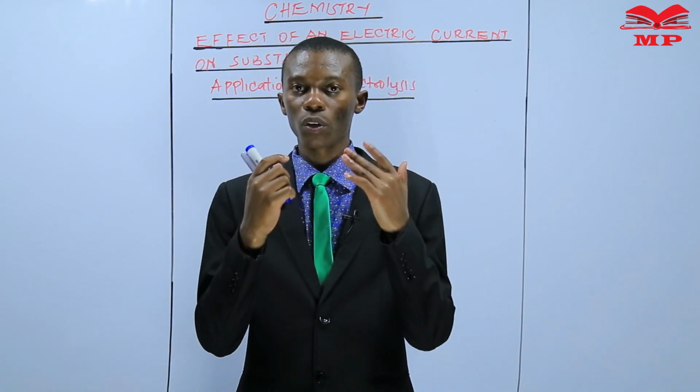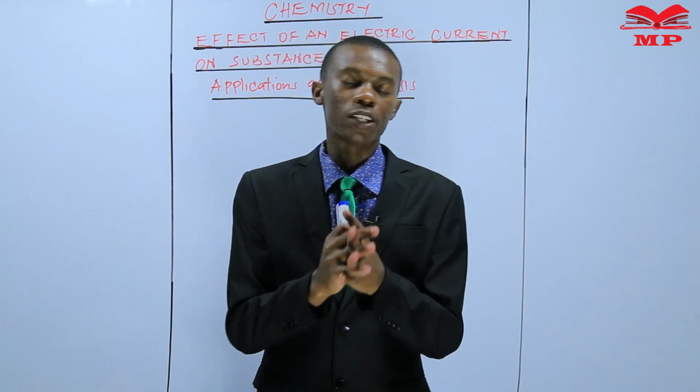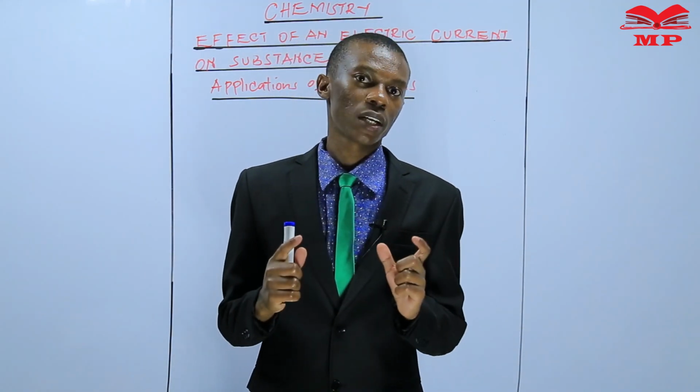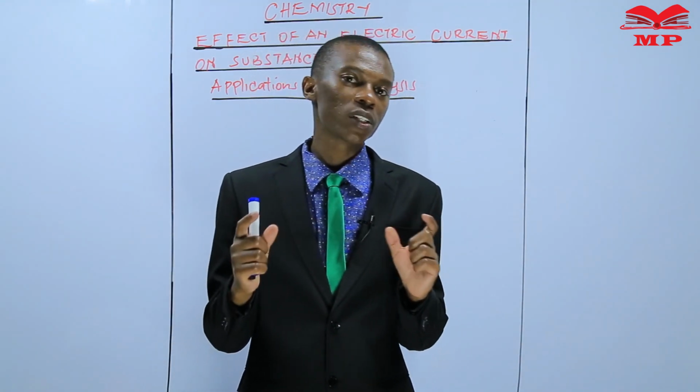And we say that when you pass electric current through that electrolyte, then this electrolyte gets decomposed by that electric current. And therefore you have ions.